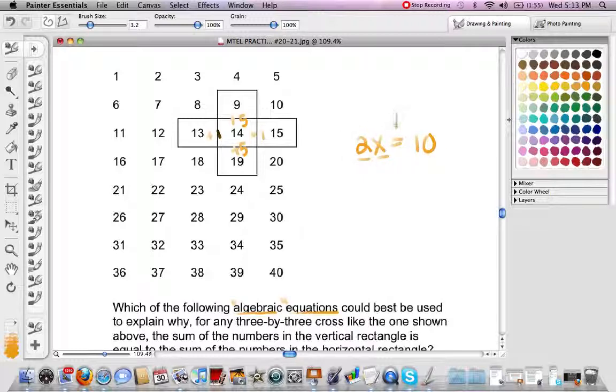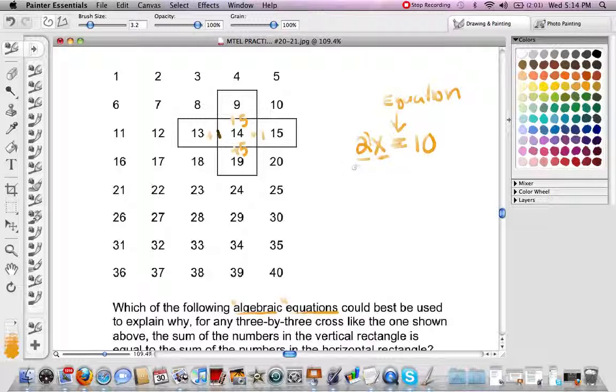And an equation has to have an equal sign. So here's an example of a basic algebraic equation. It uses a combination of constants like 1, 2, 3, and variables. It has an equal sign, and it equals some value, which could be a constant or a variable.